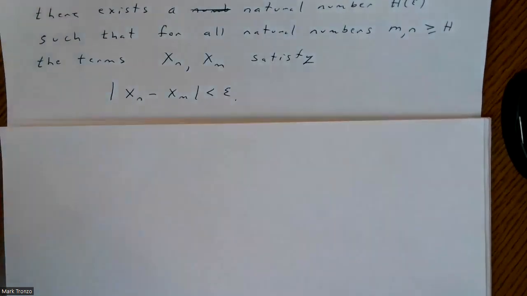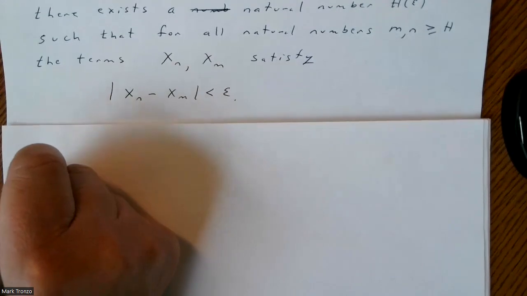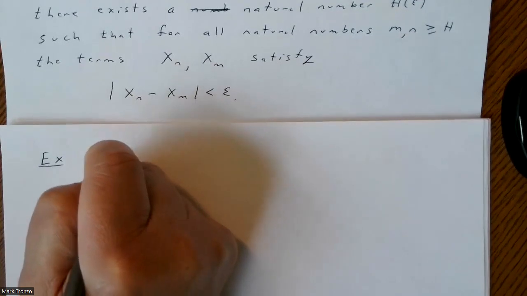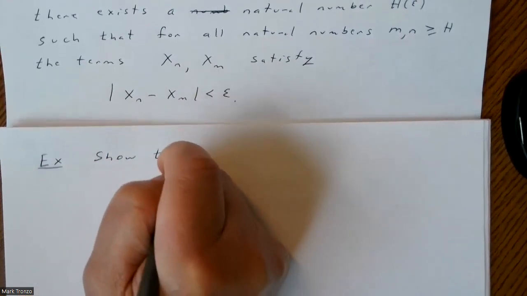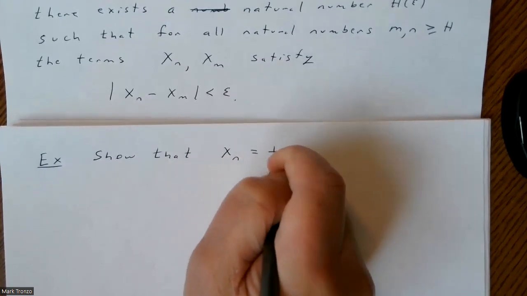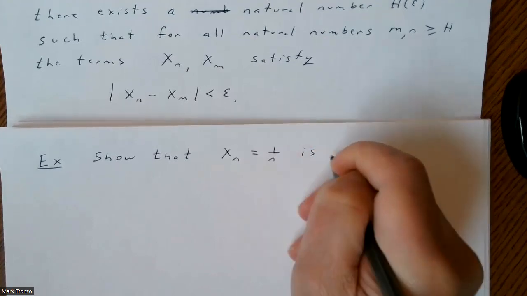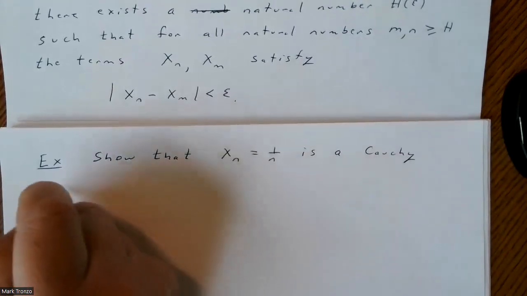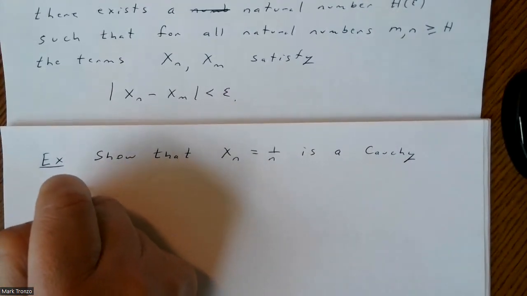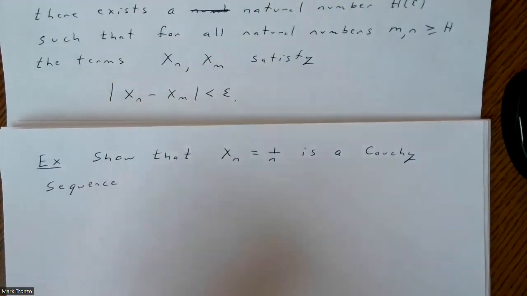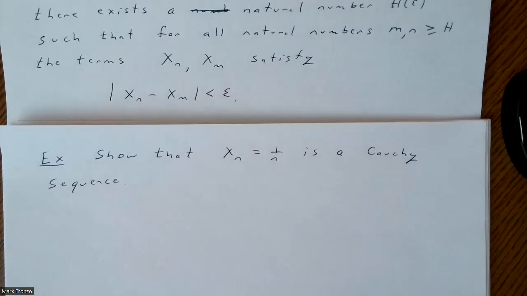Let's see. Show that xn equals 1 over n is a Cauchy sequence. And so much like before, we often want to do some scratch work to try to see if we can make this happen.